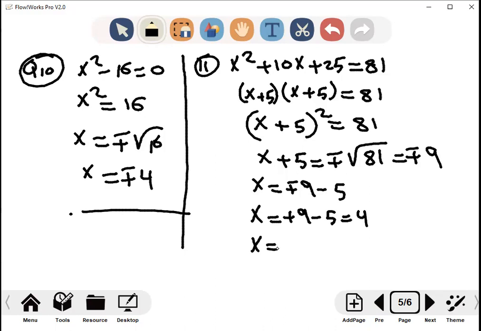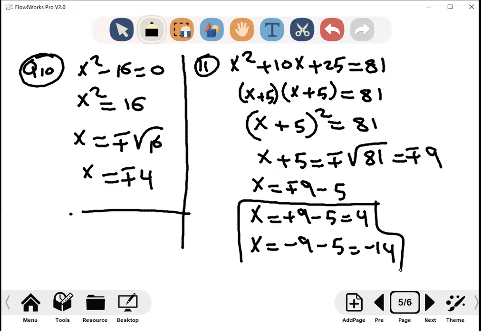Or x equals minus 9 minus 5 equals minus 14. These are the two solutions. Okay. Done question 11.